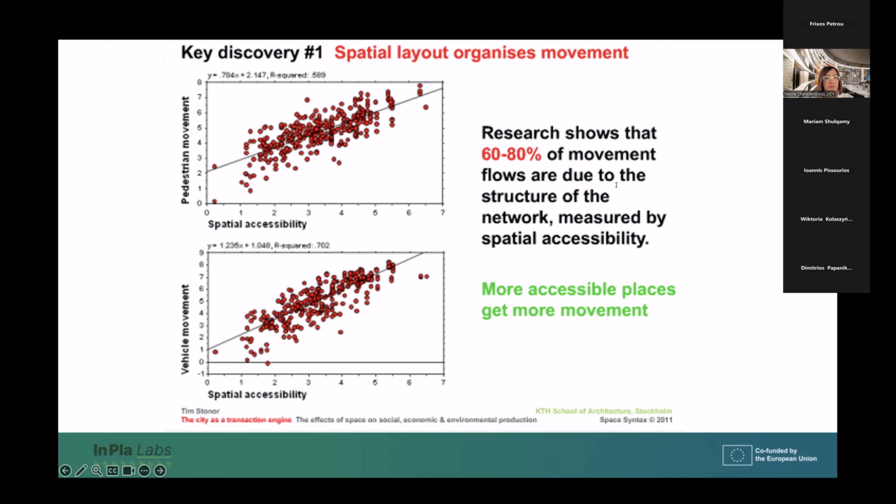An interesting question that comes out of this is what determines the remainder, 20% to 40% of movement? It's a combination of factors that are likely to have an influence, which can include location of transport nodes, residential densities around, multiplier effect of land uses, landmarks maybe, and so on. But the important thing is that research has shown that the majority of movement flows does relate to the street network, to spatial accessibility.